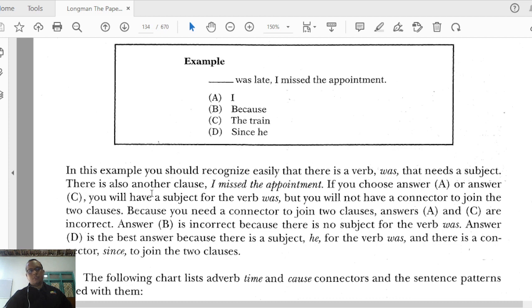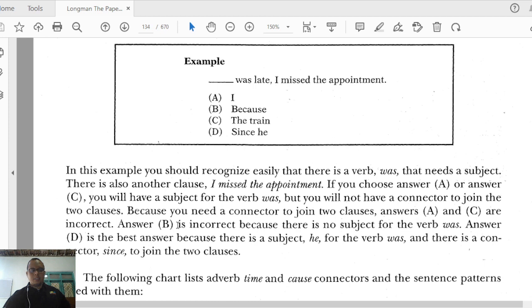There is also another clause, I missed the appointment. If you choose an answer A or answer C, you will have a subject or the verb was, but you will not have a connector to join the two clauses because you need a connector to join the two clauses. Answer A and C are incorrect. A and C are incorrect, yeah.